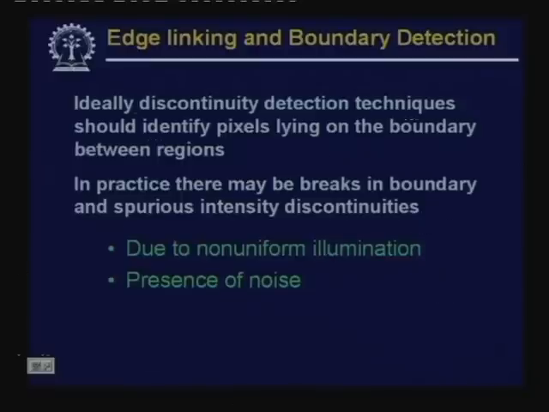Now, this is mainly due to two reasons. The first one is non-uniform illumination of the scene. If the scene is not uniformly illuminated, that leads to detection of edge points where the boundary points will not be continuous. And the second reason for getting these non-continuous boundary points is the presence of noise.